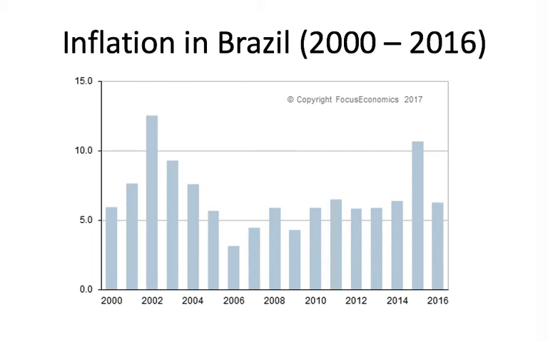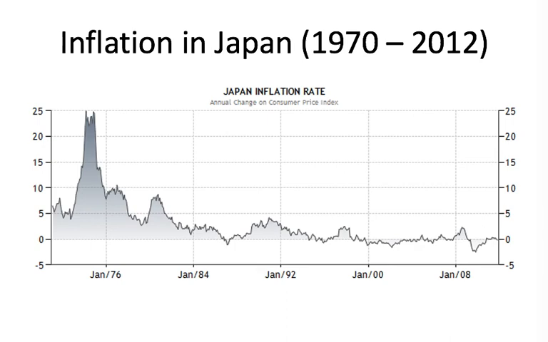Compare that to Japan. Here's Japan from 1970 to 2012, and their inflation is much lower. In fact, if you are comparing this to the US, it's much lower than in the US in more recent history.